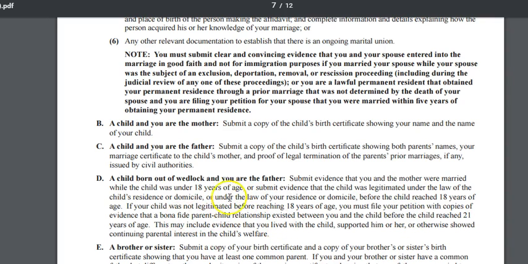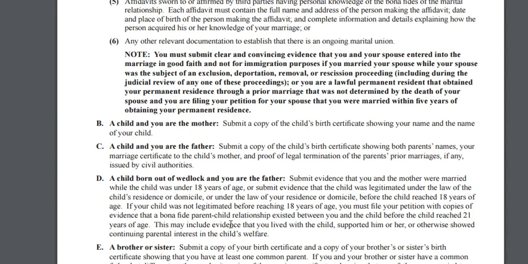So understand, what they're trying to explain here is that they need to see an ongoing relationship with the father. Let's say you didn't know this kid, sometimes a statement from the school that shows your name, that you keep paying for your kids, statements from other people, just to make sure that there is an ongoing relationship.